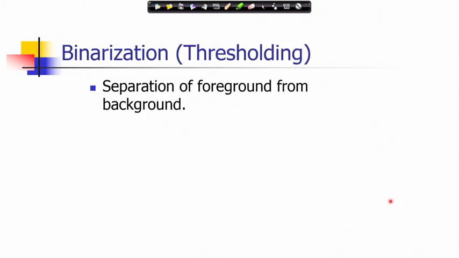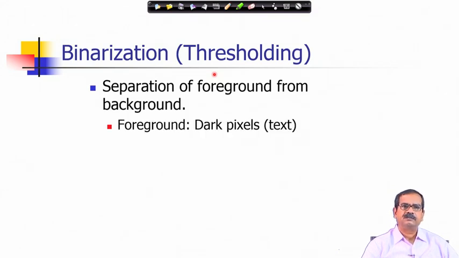So, one of the problems of document image analysis is to separate the foreground from the background, and this process is called the binarization process. One of the simple techniques of binarization is using a threshold value to declare whether a pixel is foreground or background.